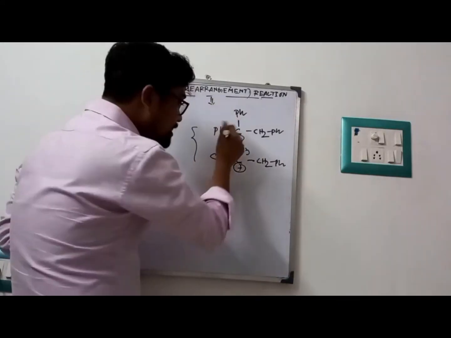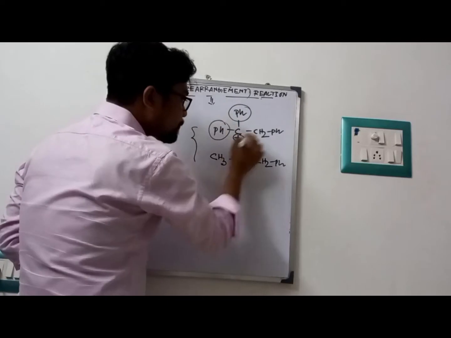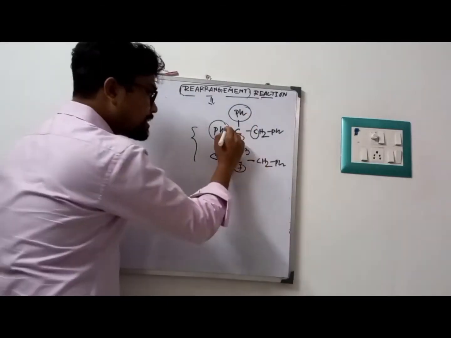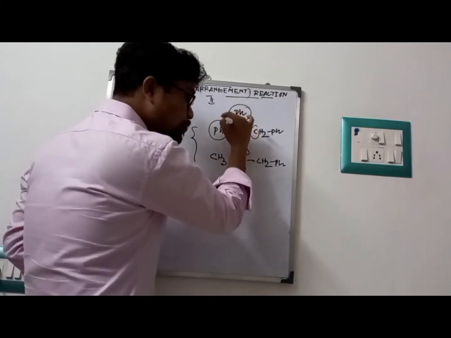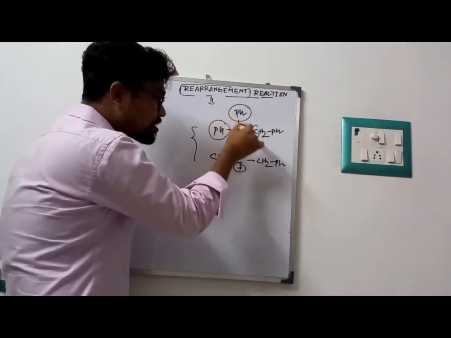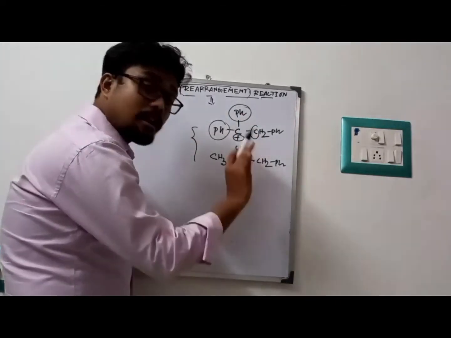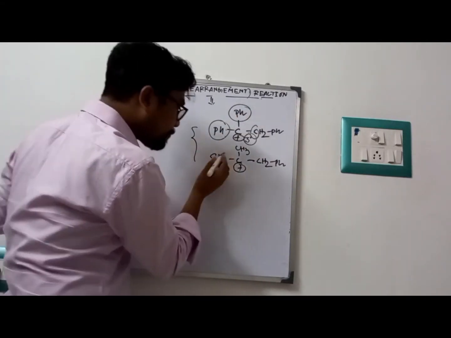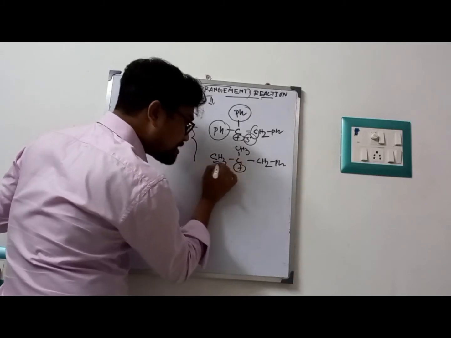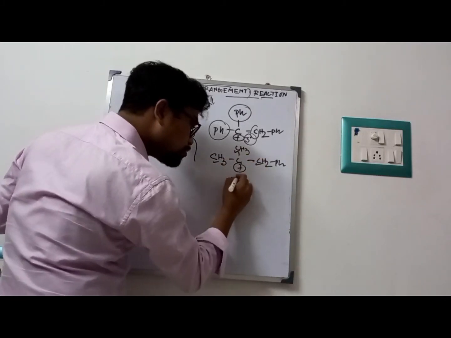If any carbon is attached with 3 carbons, then it becomes 3 degree. So it is benzylic obviously, and when the carbocation is attached with 3 carbons, then it becomes a 3 degree carbocation. Okay, fine. And here also this carbocation is attached with 3 carbons, so this is also a 3 degree carbocation.